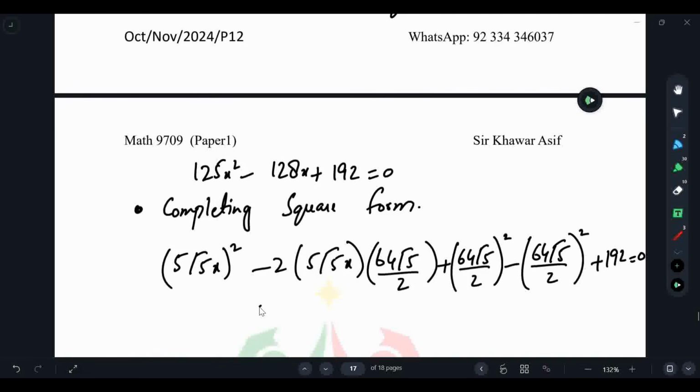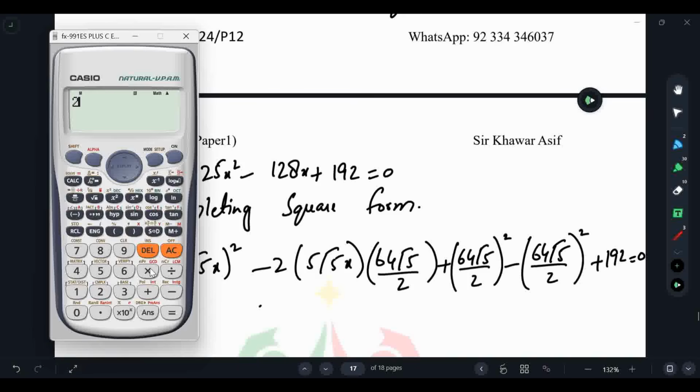Okay, let me recheck this one. 2 multiplied by 5 square root of 5 multiplied by fraction 64 multiplied by square root of 5 divided by 2. This will be 1600 divided by 5.